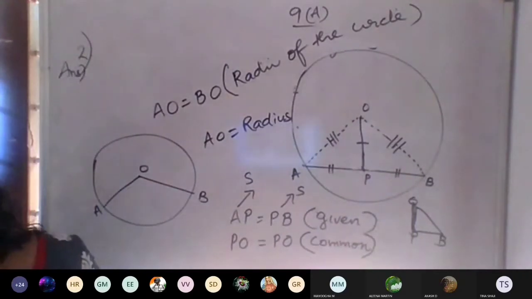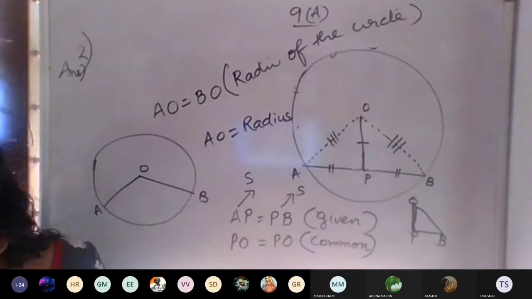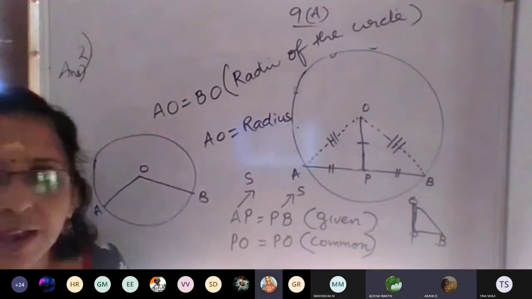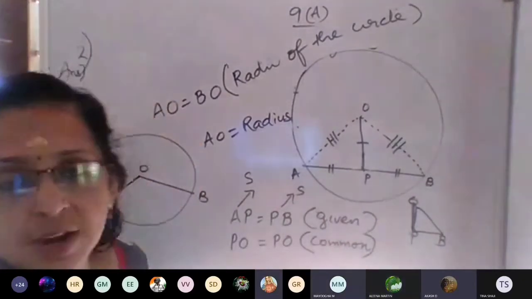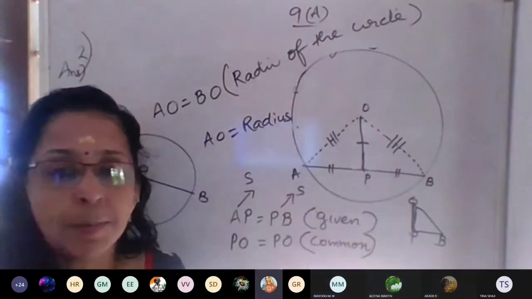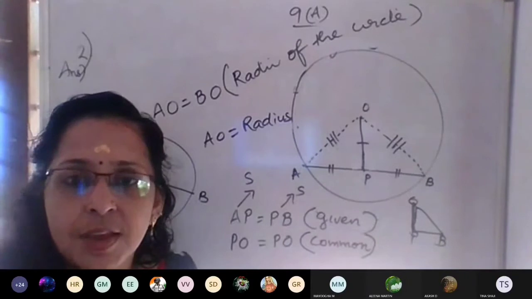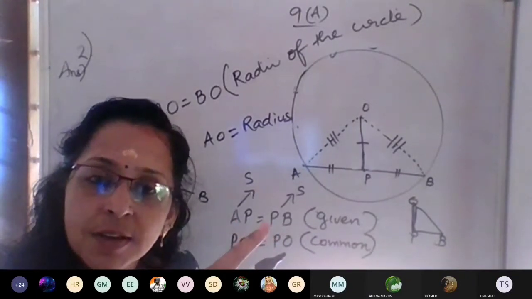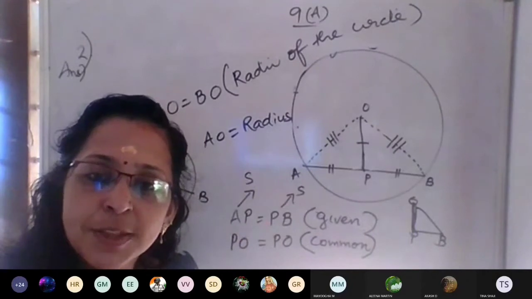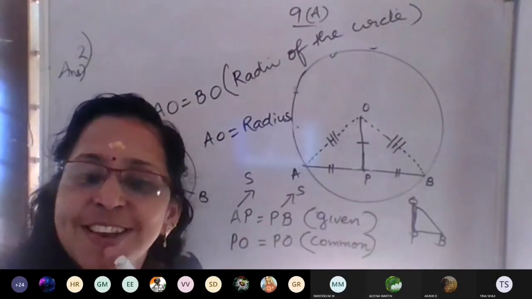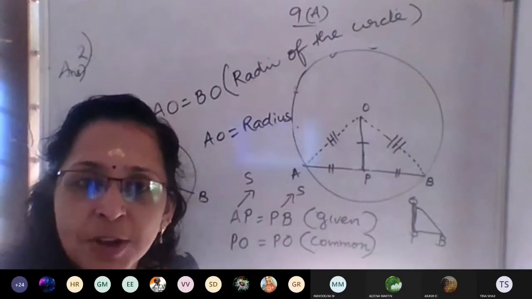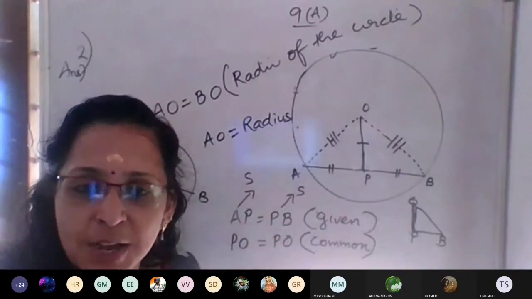These two triangles are congruent, so what can we say? OP is perpendicular to AB? No, we can't say perpendicular yet.